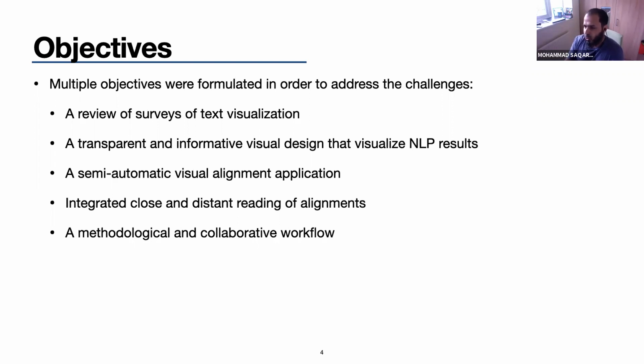Also, we want to build an application that integrates close and distant reading of the alignments. And finally, based on this collaborative work, we want to draw a methodological and collaborative workflow.